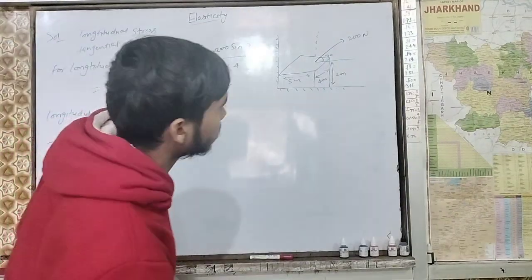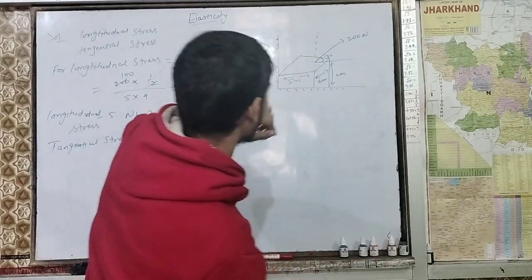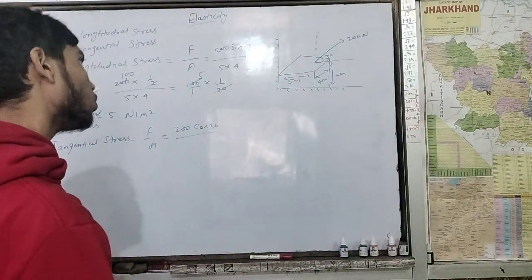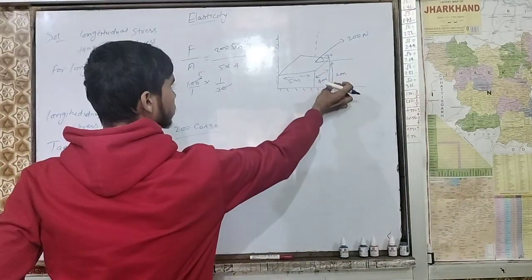How much is the area? We are taking this area, 2 multiplied by 4. Yeah, this and this.